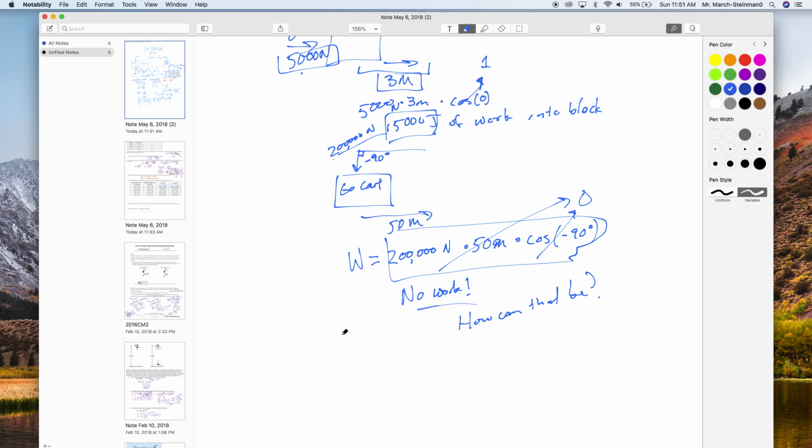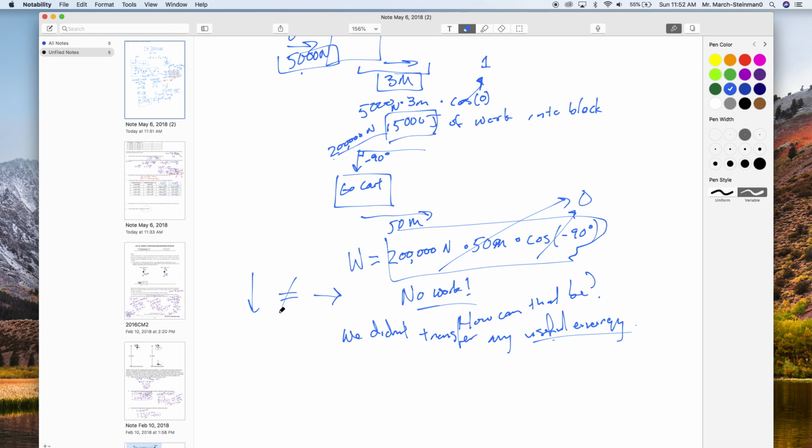And so we didn't transfer any useful energy. The force that we applied had nothing to do with the displacement there.